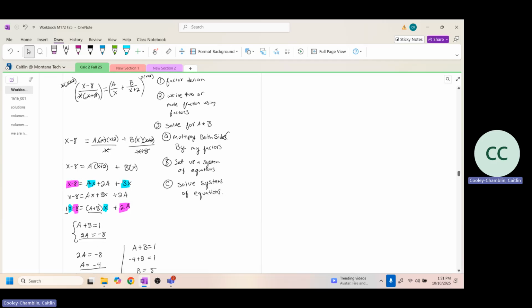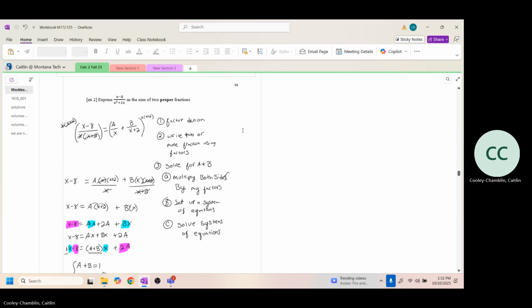So step 1, we factor the denominator. We have this denominator of x squared plus 2x. We factored it into x times x plus 2. And then we write our fraction using that: a over x plus b over x plus 2.